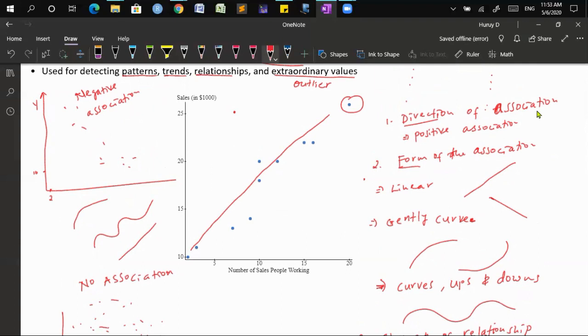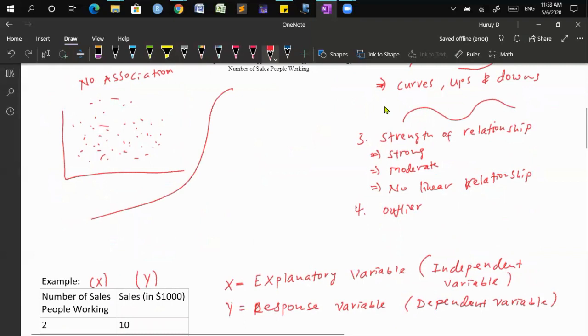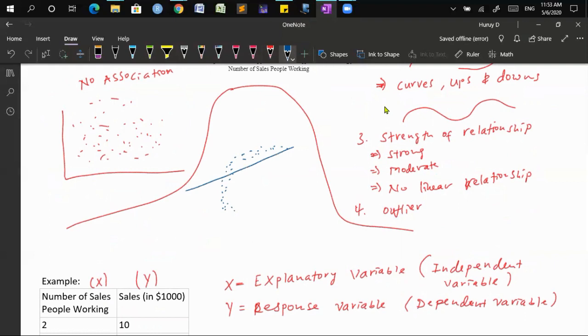But if I have, for example, a scatter plot something like this, then this is curved. I cannot use a straight line for this one. A straight line will be very bad for this. Is it going to be like this one, or this one?